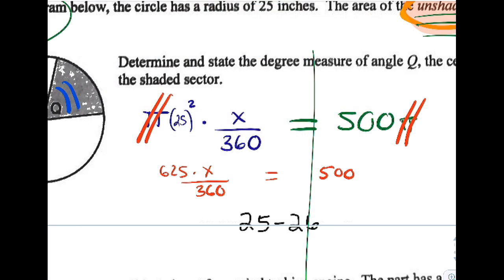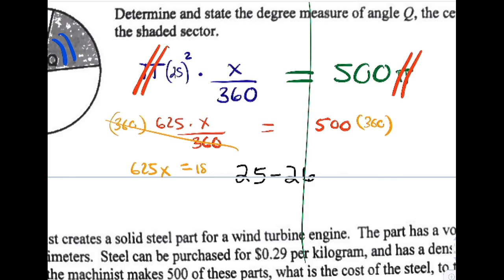I'm going to cancel that 360 by doing that on both sides. So now I have 625x equals 180,000. That's what that is. I'm going to divide both sides by 625, and I'm going to get 288 degrees.